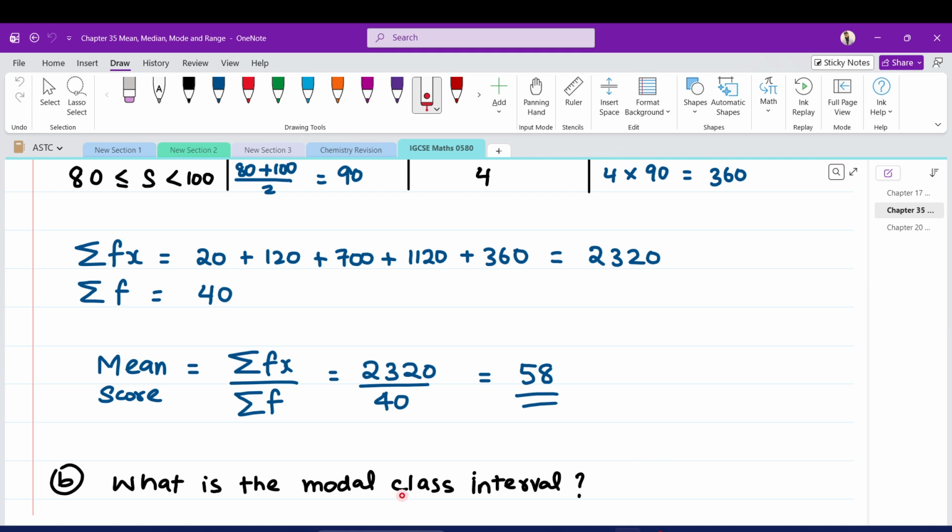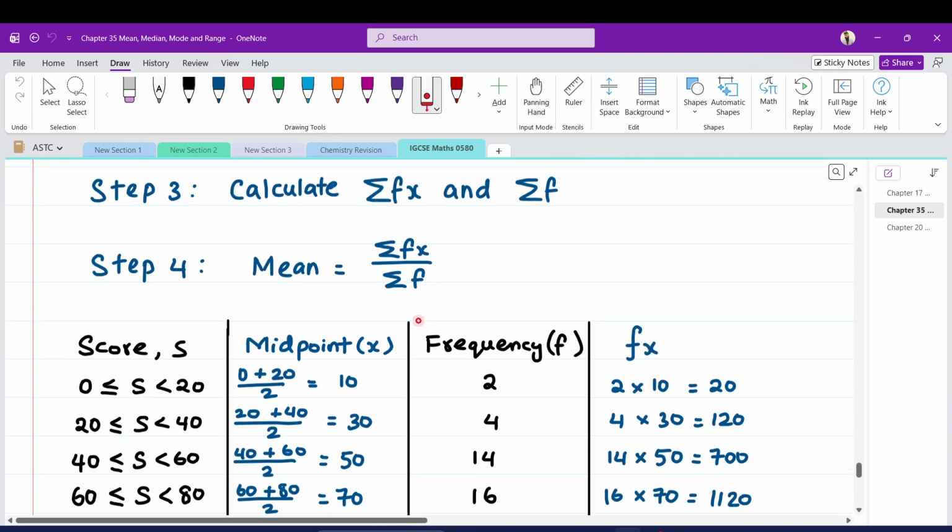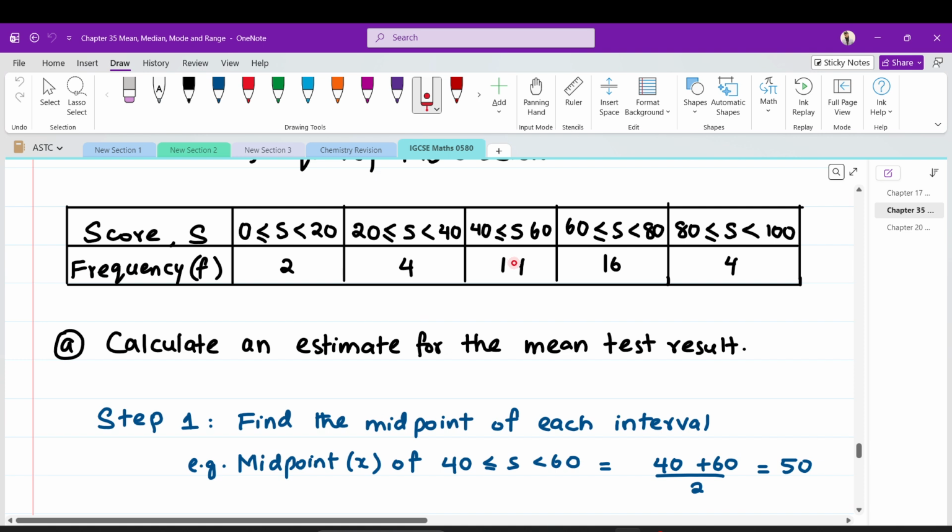That is, in which class interval were there the highest number of students? We can see from the frequency table that this is the interval in which most of the students scored. This is the highest frequency value. So therefore my modal class interval is going to be 40 to 60.